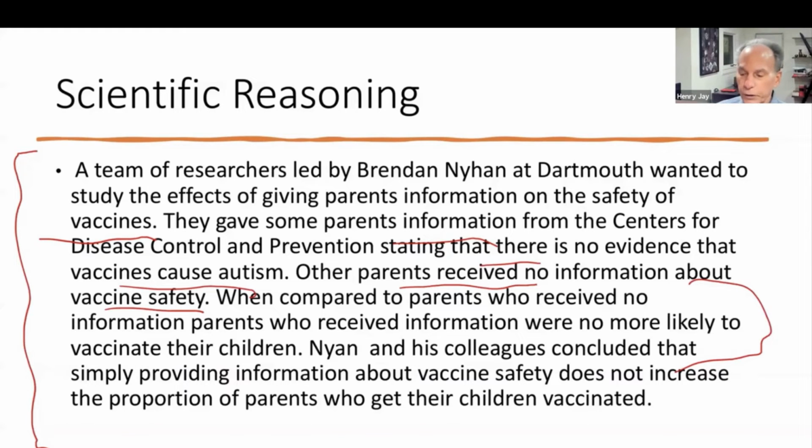So that's the result. And so now we have Nyhan and his colleagues concluding that simply providing information about vaccine safety does not increase the proportion of parents who get their children vaccinated. So you evaluate the strength of that conclusion.